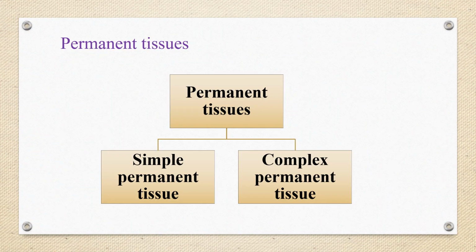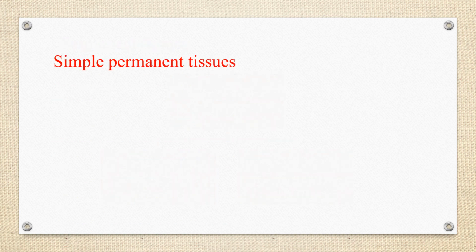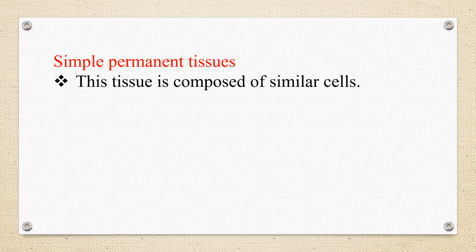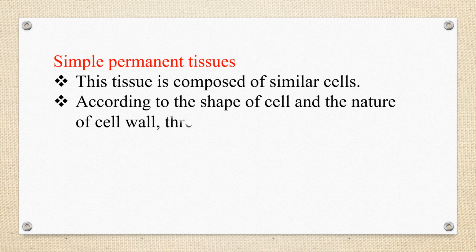Permanent tissues again can be divided into two categories as simple permanent tissues and complex permanent tissues. In this video, we are going to learn about simple permanent tissues. Before learning about the categories of the simple permanent tissue, we will study about the common characteristics of the simple permanent tissues.